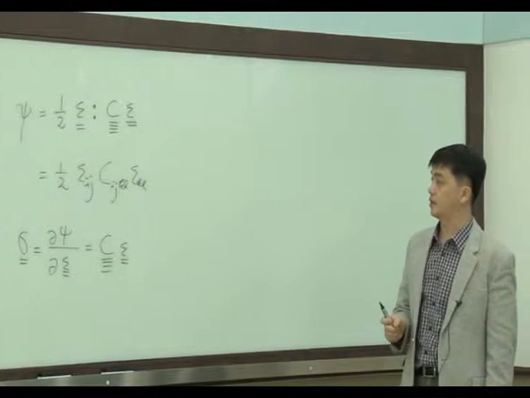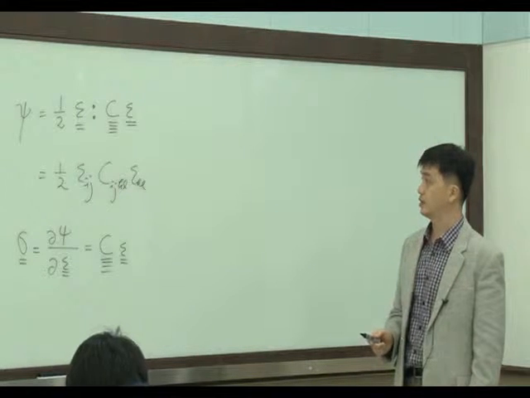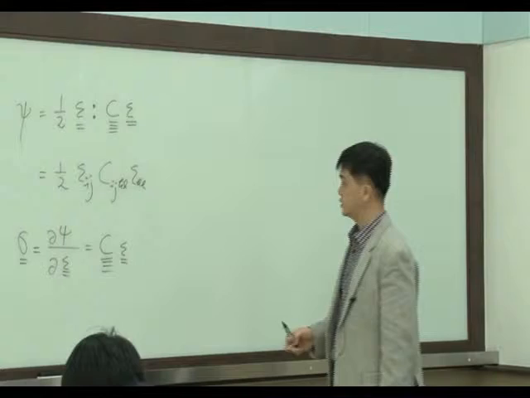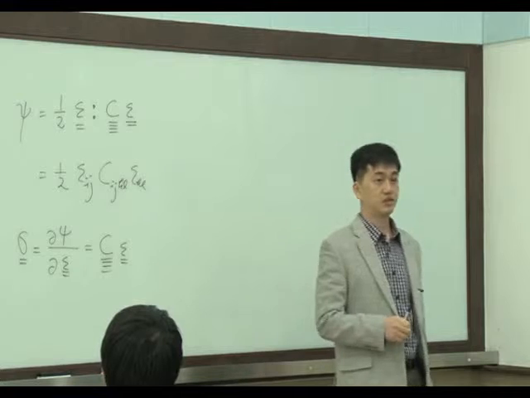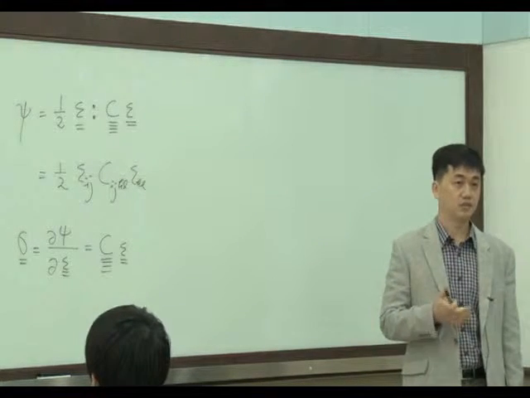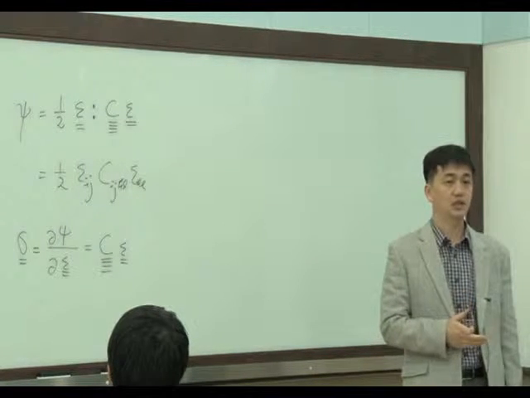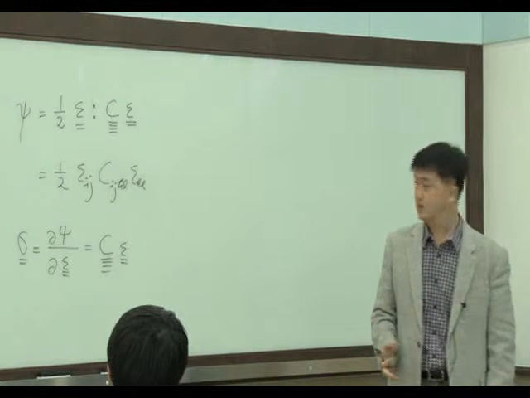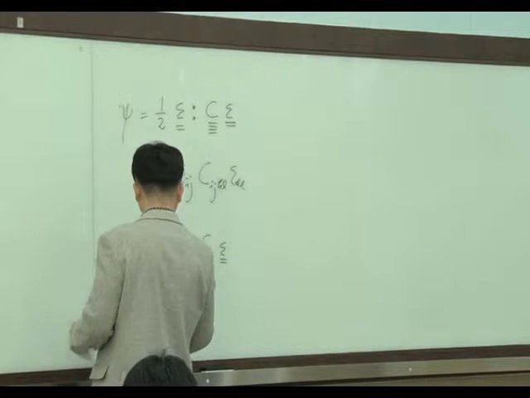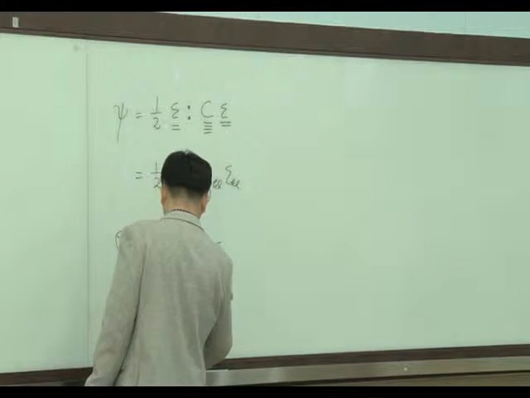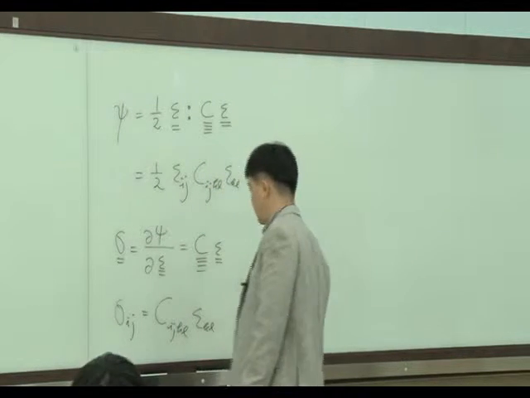If we take the derivative of the free energy with respect to the strain matrix, we can find C and strain. Here C is a material matrix. So C is actually a fourth order tensor, which gives us the relation between stress and strain, right? In tensor form, stress ij equals C ijkl strain kl.